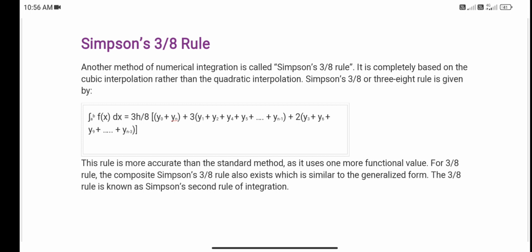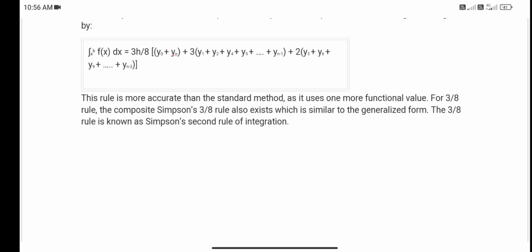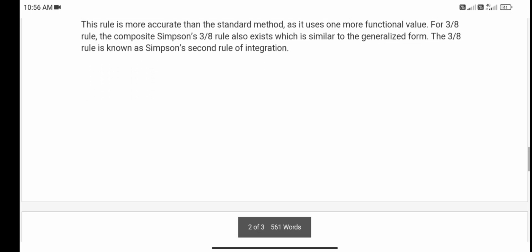Simpson's 3 by 8 rule is given by integration from a to b of f(x) dx equals 3h by 8 times (first term plus last term plus 3 times the remaining terms plus 2 times the terms that are multiples of 3). This rule is more accurate than the standard method as it uses one more functional value. For the 3 by 8 rule, the composite Simpson's 3 by 8 rule also exists, which is similar to the generalized form. The 3 by 8 rule is known as Simpson's second rule of integration.